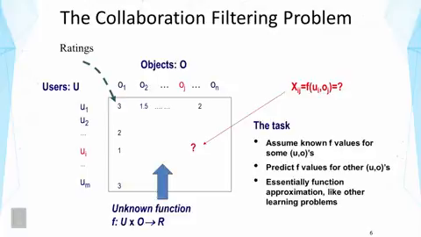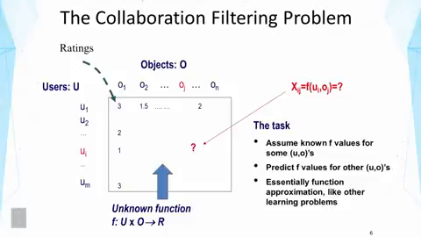Right? So many entries have unknown values. And what's interesting here is we could potentially infer the value of an element in this matrix based on other values. And that's actually the central question in collaborative filtering.